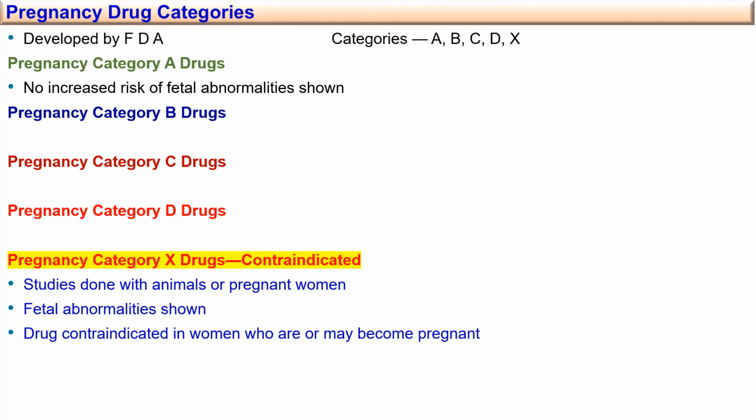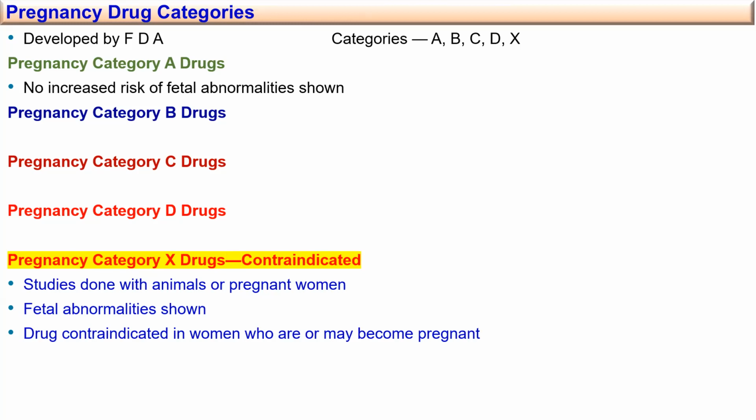However, when we go to category C, the animal studies have shown a risk to the fetus and no studies done with pregnant women, or no animal studies conducted, and no adequate, well-controlled studies in pregnant women.